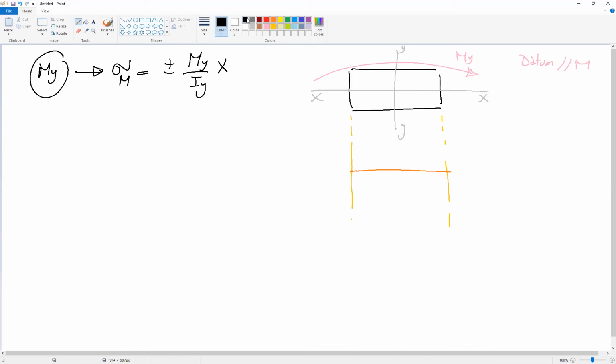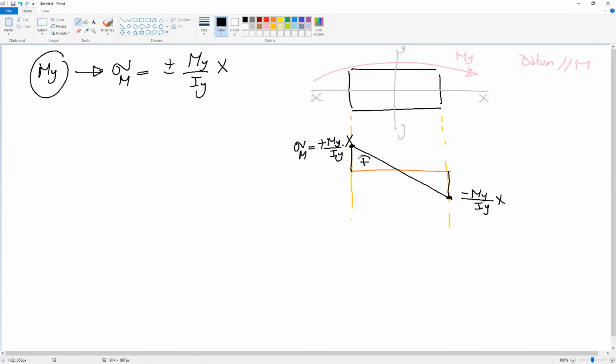And here we have a value of stress sigma m equal to positive My by Iy multiplied by x, and the other side will be the same value but negative, My divided by Iy multiplied by x, and we connect these two values with a straight line.